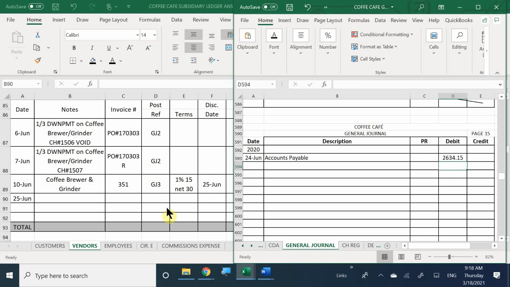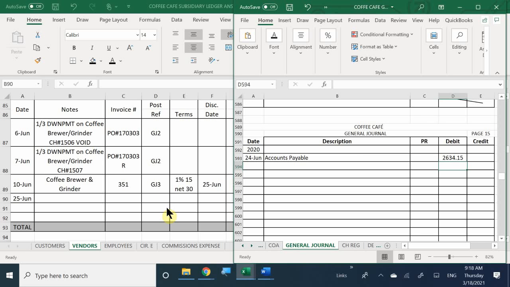So where are we going to place that discount? Where are we going to take that discount out from? Purchase discount.